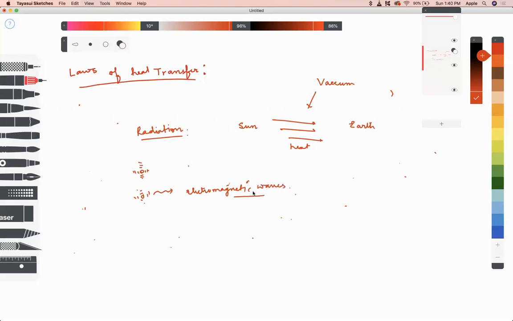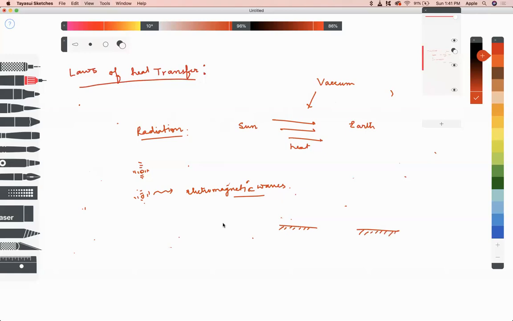All right. Now, electromagnetic waves do not require any kind of material medium to be present in order to travel from one location to another location, and that is how the radiation exactly takes place. Now, imagine a surface. We have a surface, and let's say we have two identical surfaces.